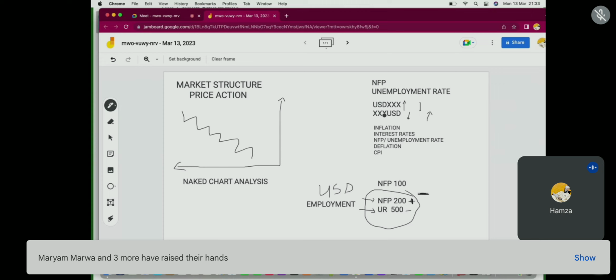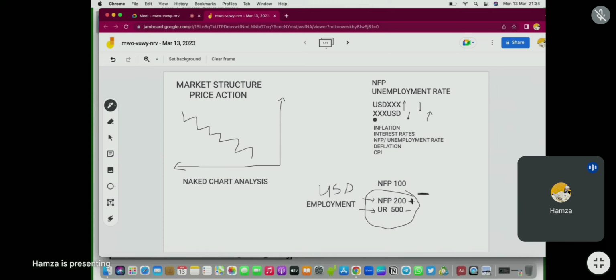And any other instrument that has some other currency or instrument as the first instrument, and the USD as the second or quote currency, that thing will go down.